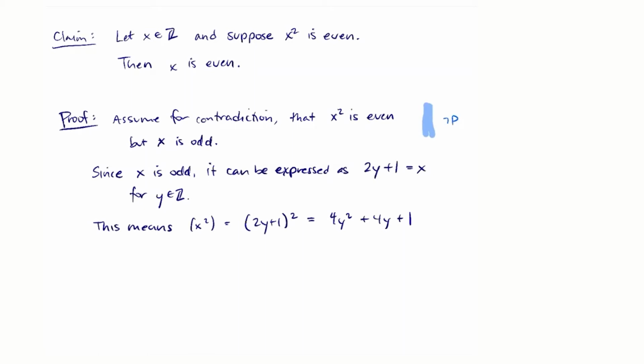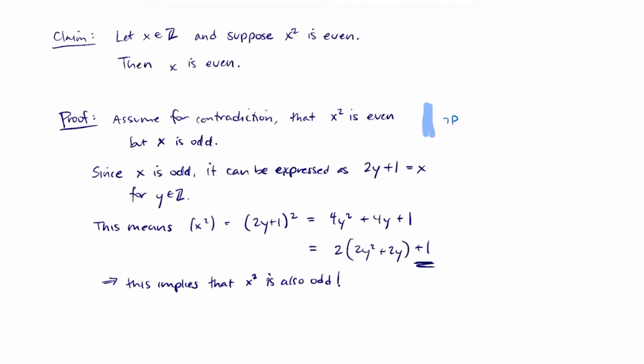This is equal to 2 times some integer, in fact 2y squared plus 2y, plus 1. This implies that x squared is also odd, because of this plus 1.